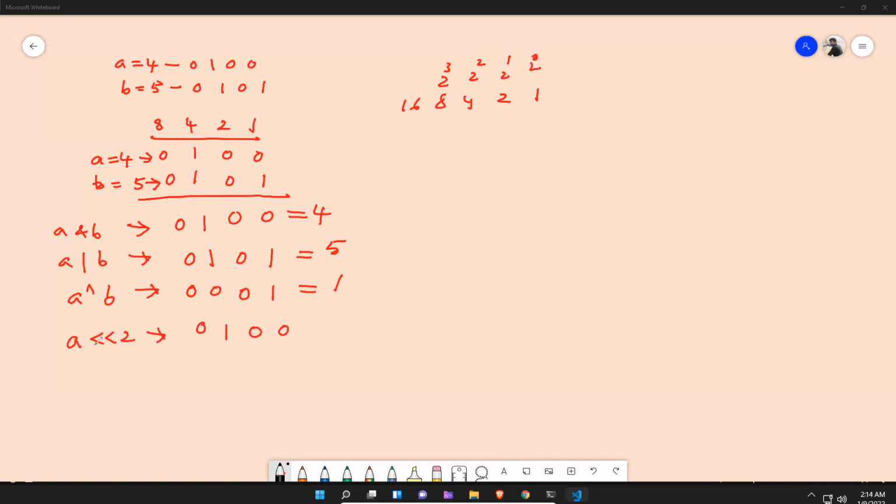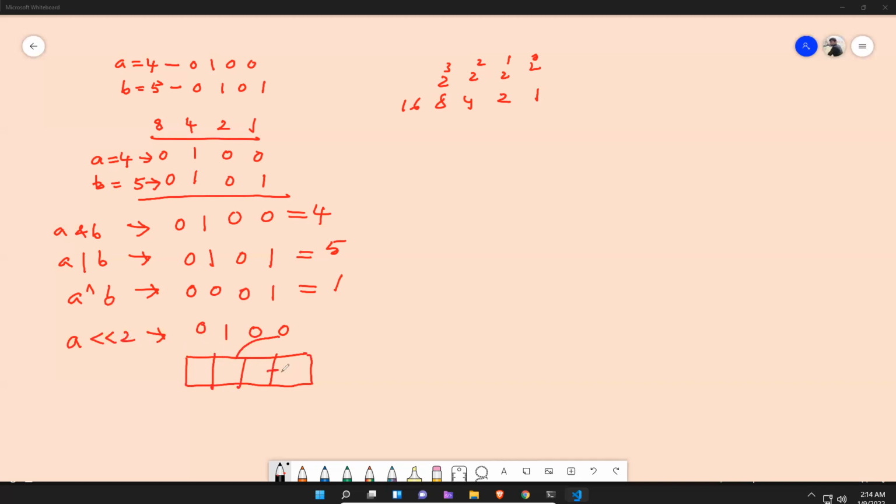Left shift means you need to move the bits to the left. In a table, the 0 value moves here, and you need to leave these two positions.